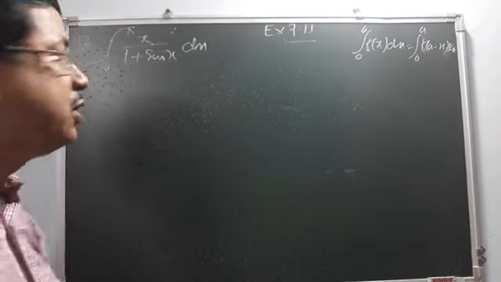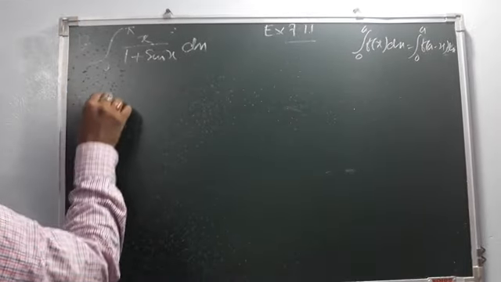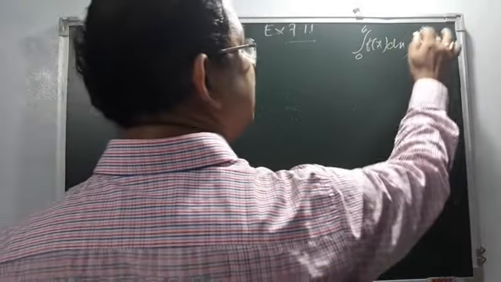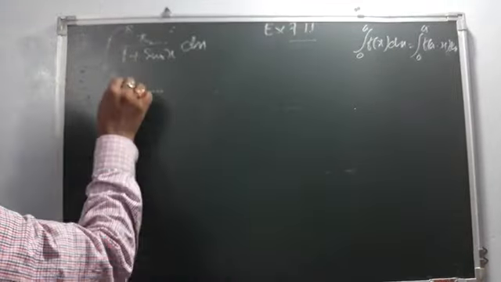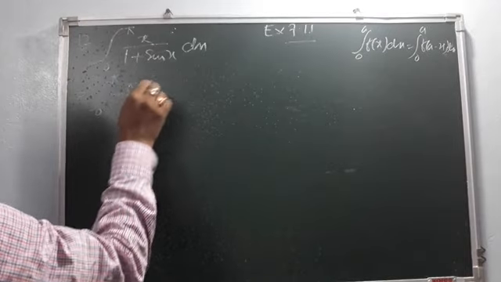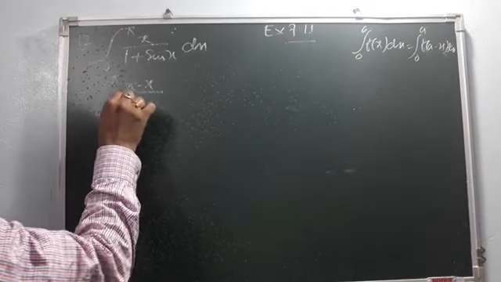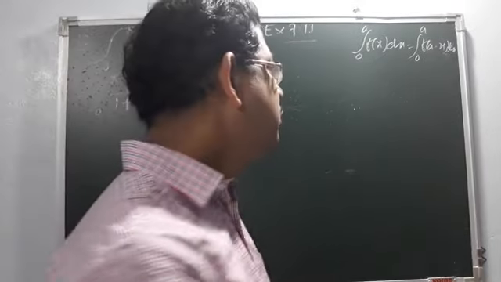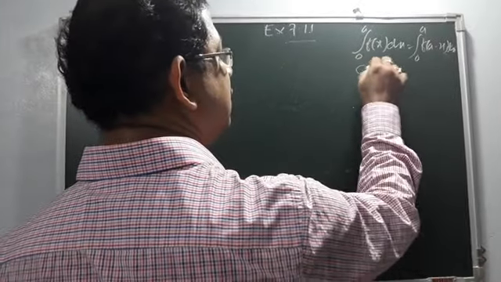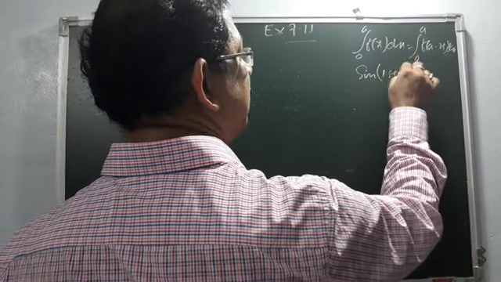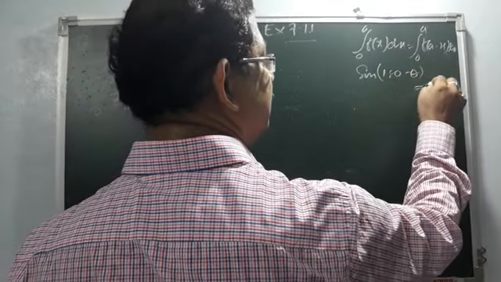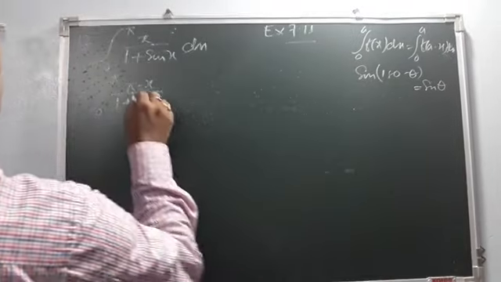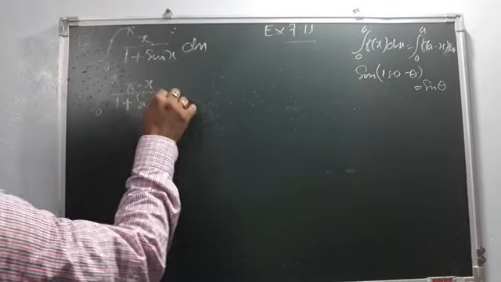So we will use here, from 0 to pi, x replaced by a minus x. Here a is pi, so pi minus x, over 1 plus sine of pi minus x. Pi means 180, and we know sine of 180 minus theta is sine theta, so this will again be sine x.